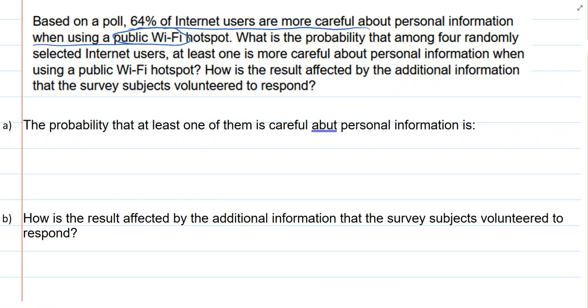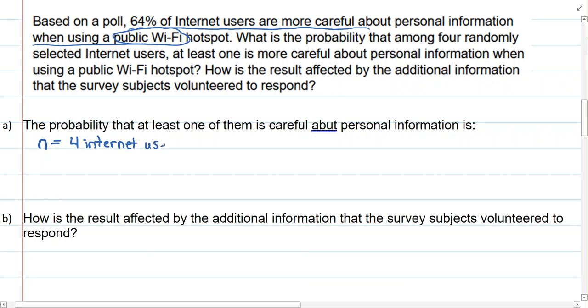So here I'm going to introduce certain things so that we can understand what we're looking at. So our sample, our N, is going to be 4 internet users. And we want at least one.